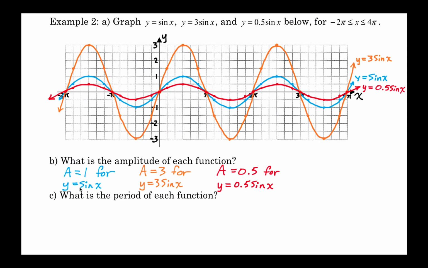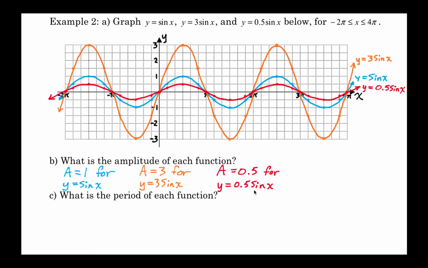So we already knew that y equals sine x had an amplitude of 1. So for 3 sine x, we go from positive 3 down to negative 3. That's 6 units. And divide that by 2, you get 3. That's the amplitude. Or the other way to think about it is, if you're starting from this middle position, how far do we go up, which is 3, and how far do we go down? It's the same 3.